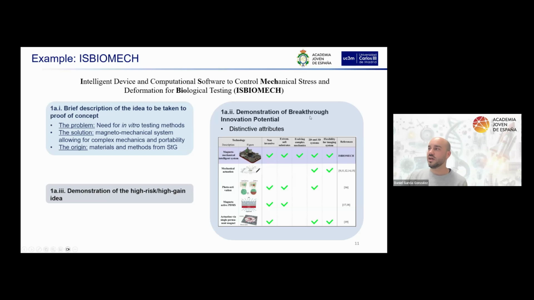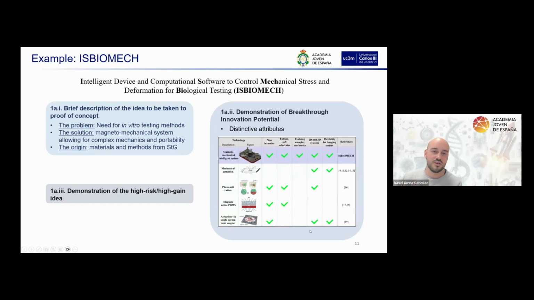Then you have the second part, that this is demonstration of breakthrough innovation potential, that to be honest here, the key point is showing that you have distinctive attributes. The technology, the product, the idea you're providing is different. So this is the example of this project, but in every single project of proof of concept, I do something similar.